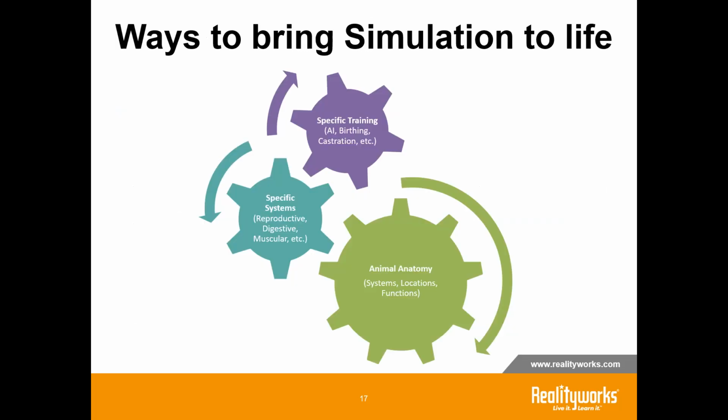So some of the things that you can bring simulation to life in your classroom are, in this case, a lot of different training tools, from specific trainings, artificial insemination, birthing, castration, swine litter processing, very specific trainings using simulation.